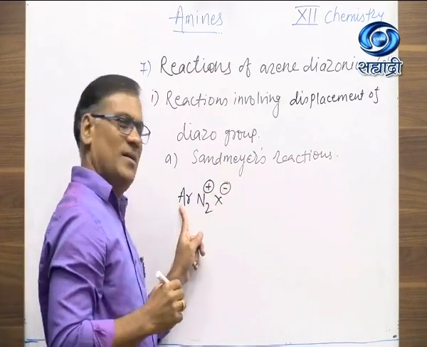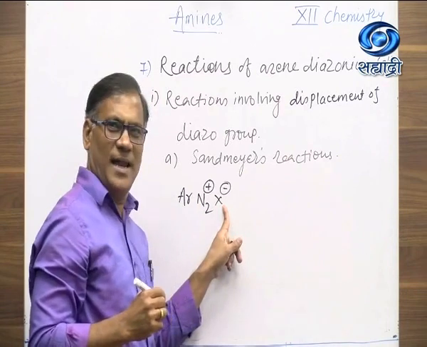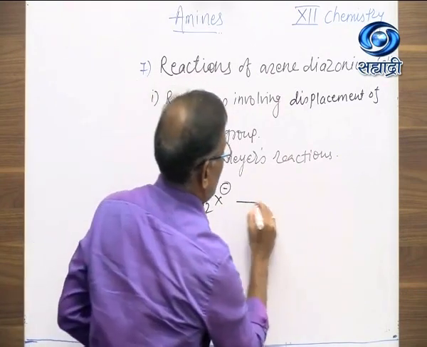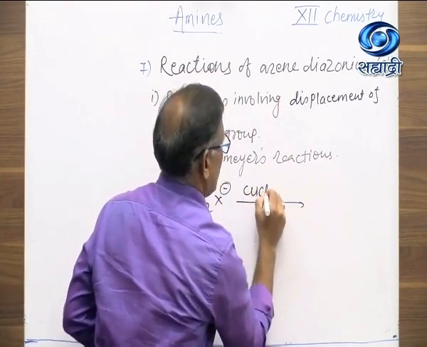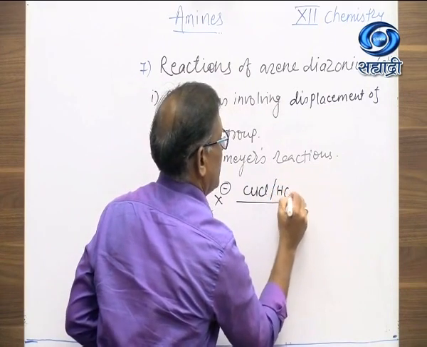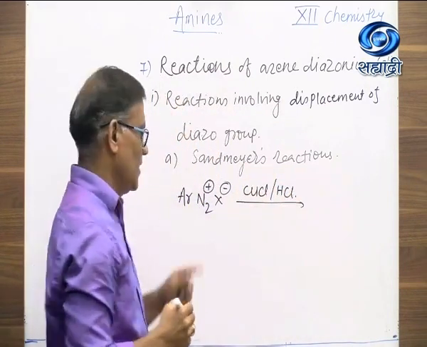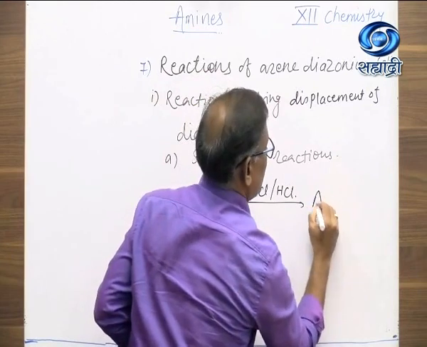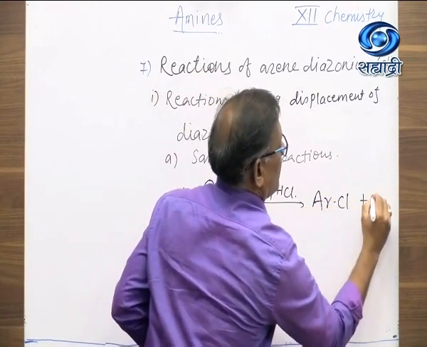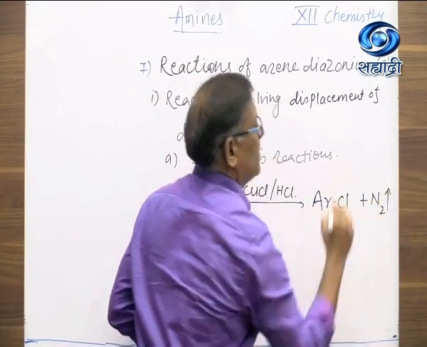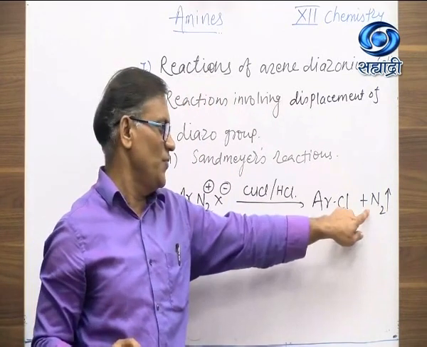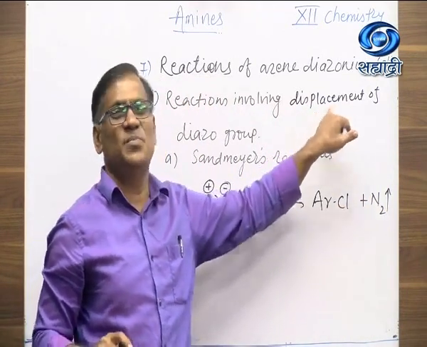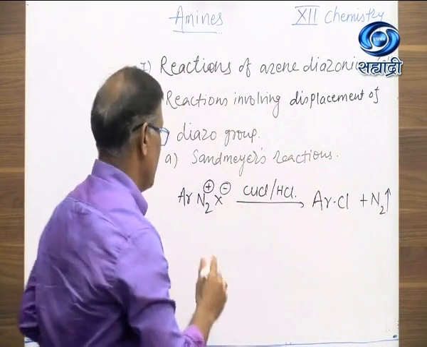So this is aryl diazonium halide, which on treatment with cuprous chloride and HCl gives chlorobenzene, that is ArCl, and diazo group is removed. Therefore, N2 gas is removed here, and that's why it is called as displacement of diazo group.